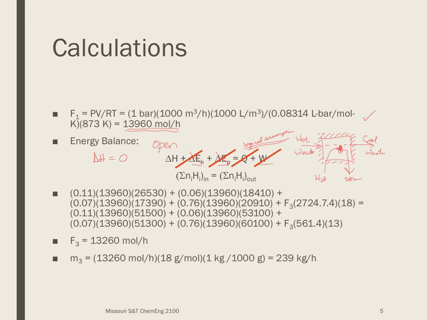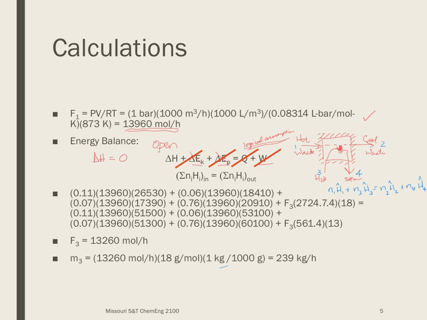In this particular case, what I have coming in are streams 1 and 3, and what I have coming out are streams 2 and 4. So I'm going to have stream 1 and its enthalpy, stream 3 and its enthalpy, and that should equal what comes out, stream 2 and its enthalpy, and stream 4 with its enthalpy.